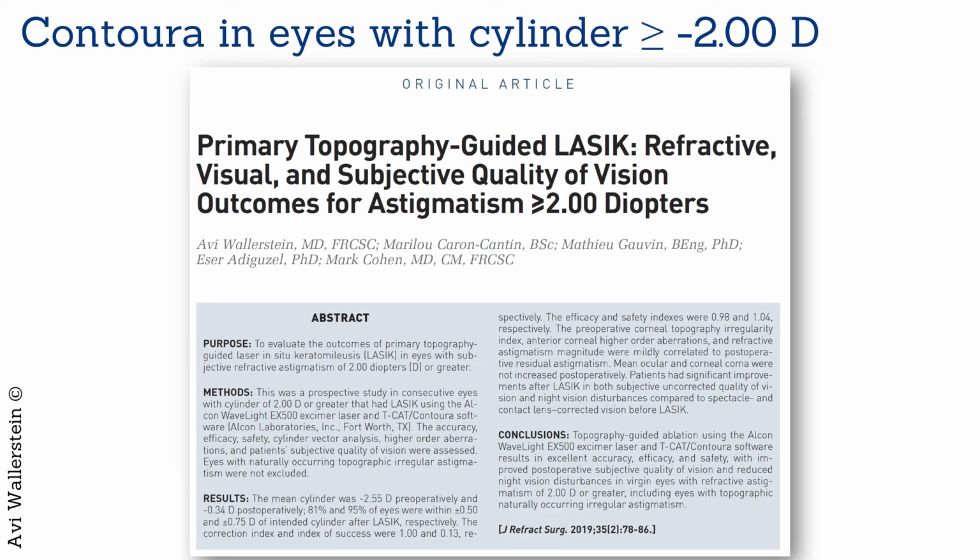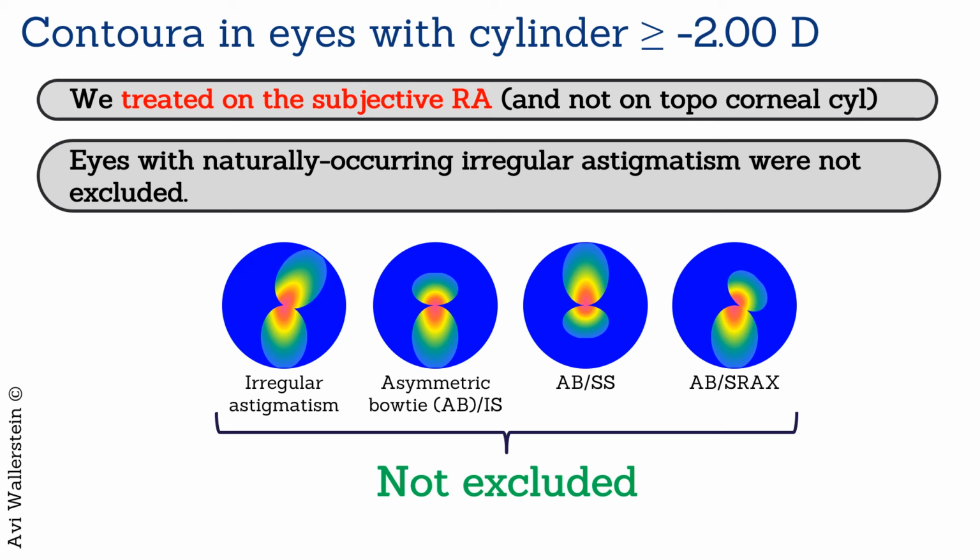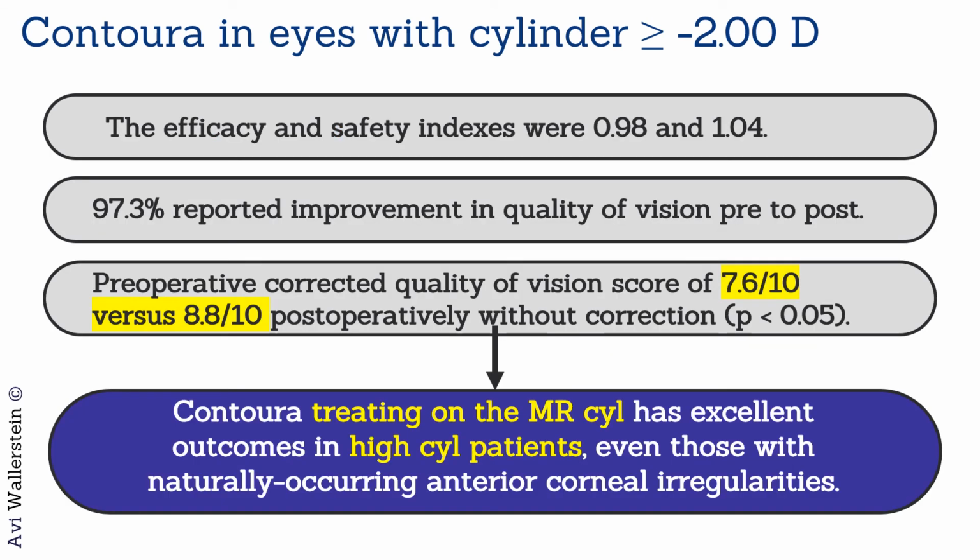We also looked at Contoura outcomes in high cylinder eyes treated on subjective MR CYL above 2 diopters. Of course, eyes with naturally occurring irregular astigmatism were not excluded. The efficacy and safety indices were excellent. 97% reported improvement in quality of vision pre to post, with significant improvement in severity and bothersomeness of night vision disturbances post-surgery compared to with corrected vision pre-op.